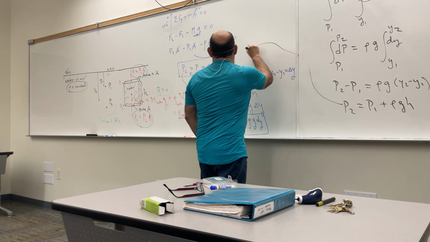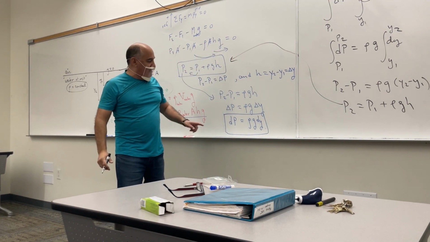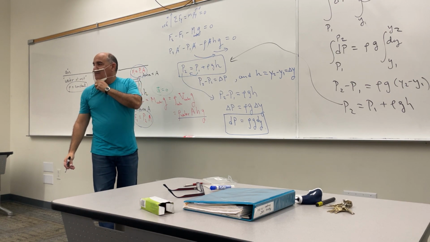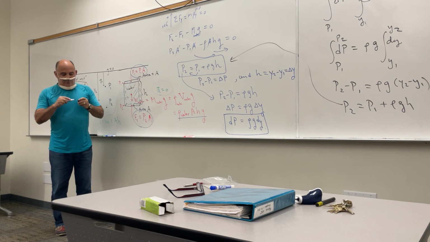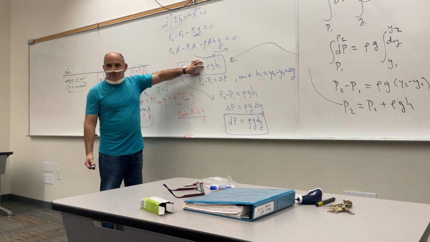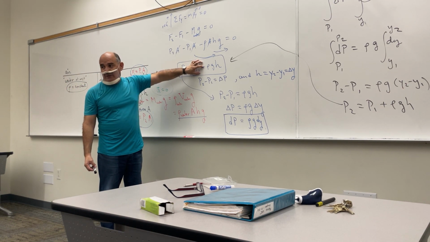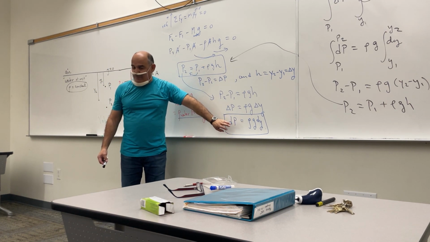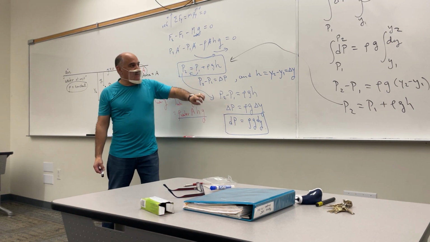So I'm just showing you that I could have started with this expression and obtained this. I'm just showing that this, which you learned in Physics 185, is equivalent to this. If I manipulate this a little bit, I get that.